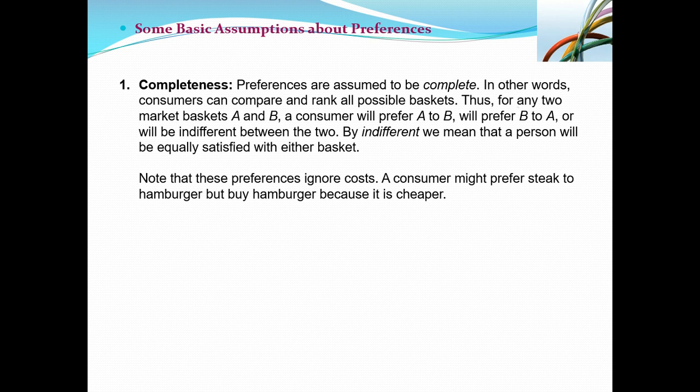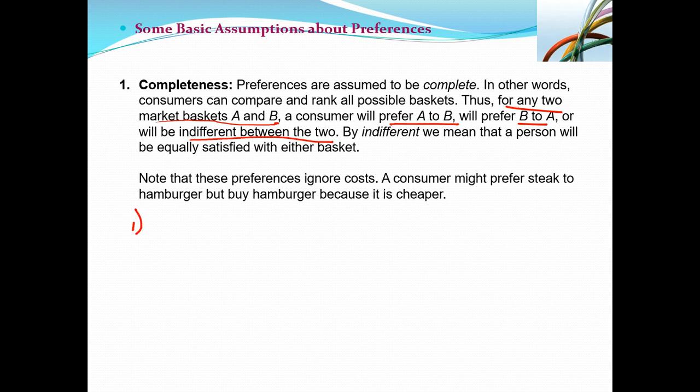Okay, therefore, for any two market bundles, A and B, a consumer will prefer, let's say, A to B or B to A, or this person will just be indifferent between the two. This then means that these preferences are complete. When we say that consumer preferences are complete, we just mean that there are three possible responses you can get from a given consumer.